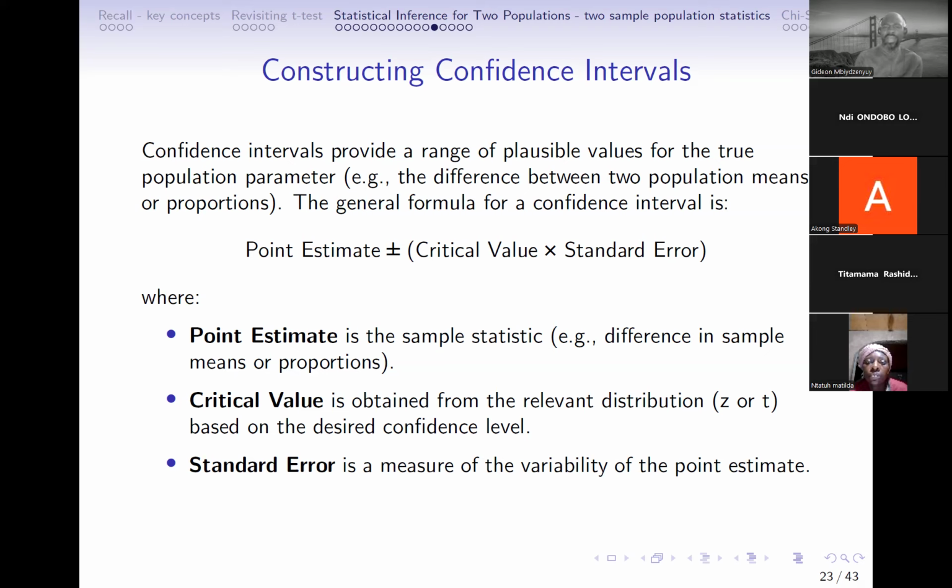Now we are talking about the claims about the population itself, not the sample. So for the difference between two population means or proportions, the confidence interval is a range of possible values for the true population parameter.